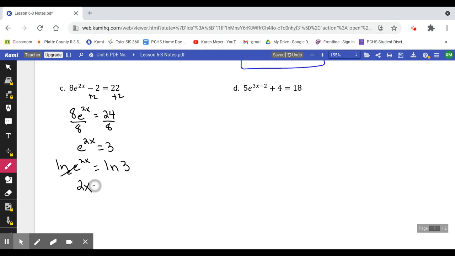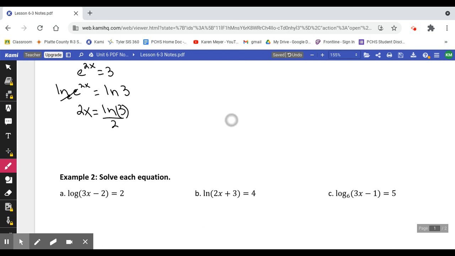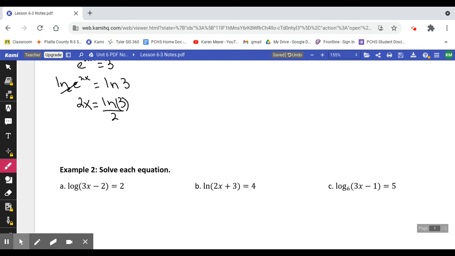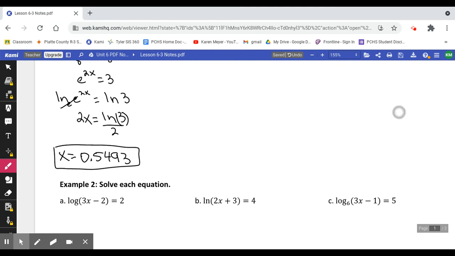So 2x gets to drop down big. And then I still have ln of 3 here. So to solve, we'll just divide by 2. So type into your calculator the ln of 3 divided by 2. And I get x equals 0.5493. Okay.